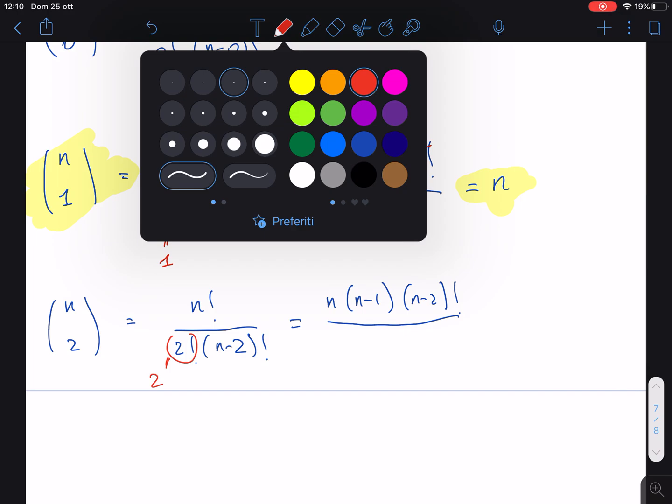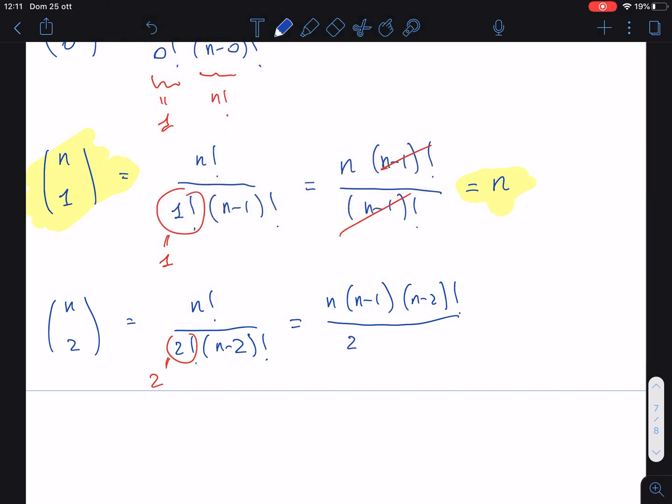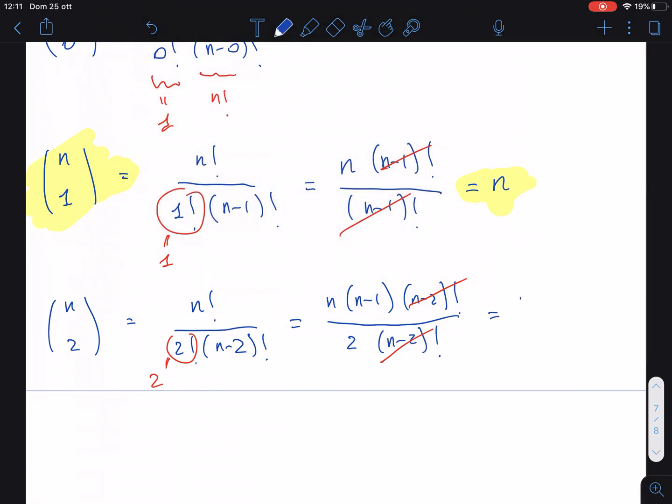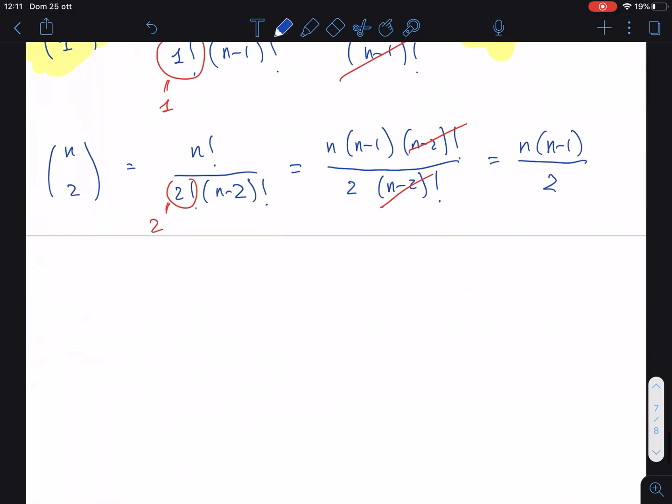And here you have 2 times n minus 2 factorial. So you have n minus 2 factorial over n minus 2 factorial, and so you have n times n minus 1 divided by 2. And analogously, if you have (n choose 3), you have n times n minus 1 times n minus 2 divided by 6.